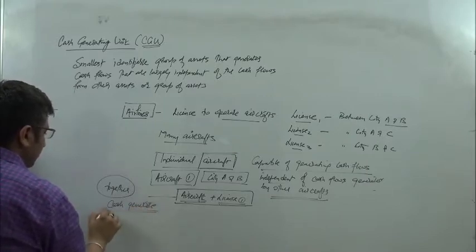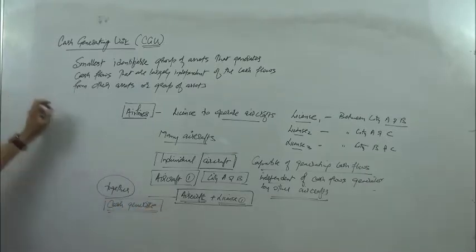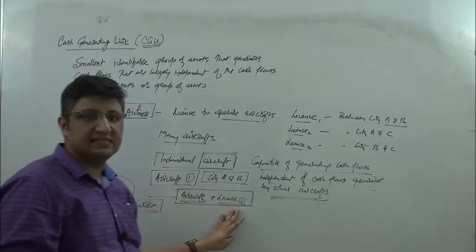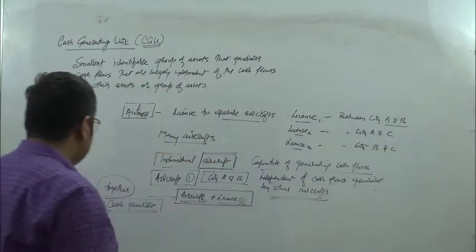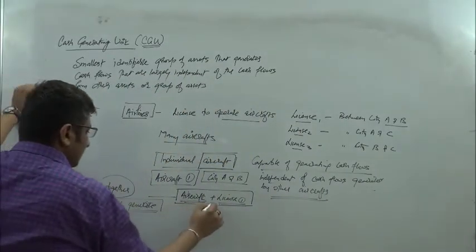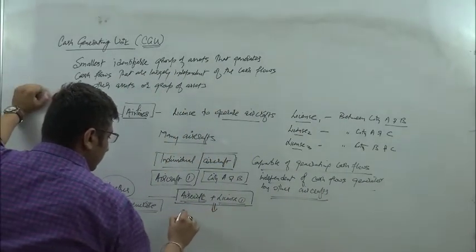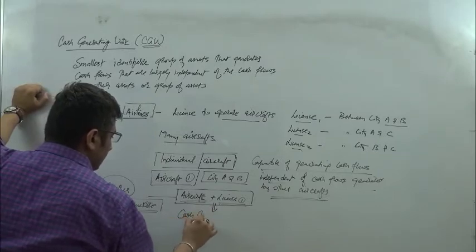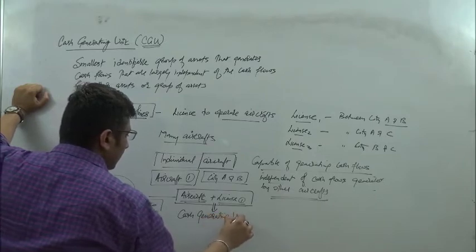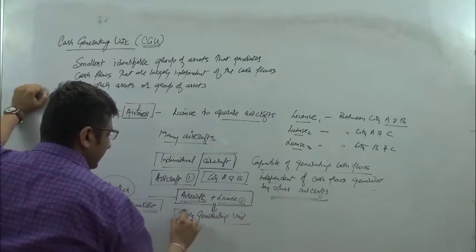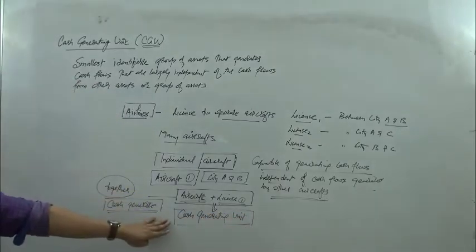We need both the aircraft and the license to be able to generate cash flows, which means that these together would constitute a cash generating unit. Are you fine with that idea?